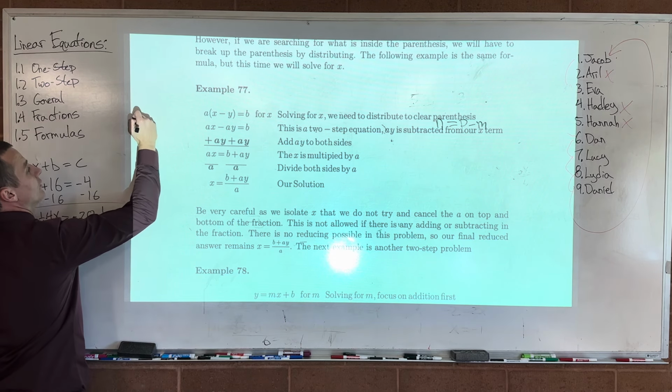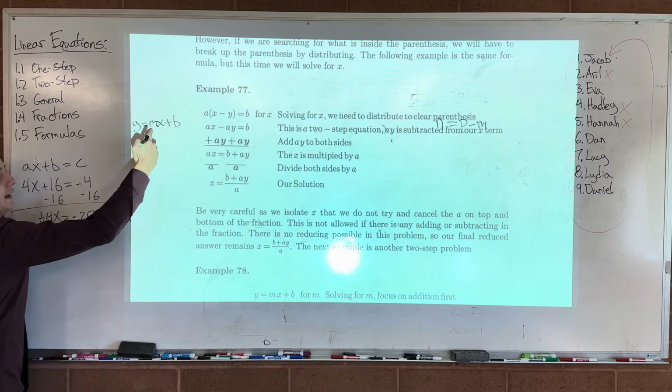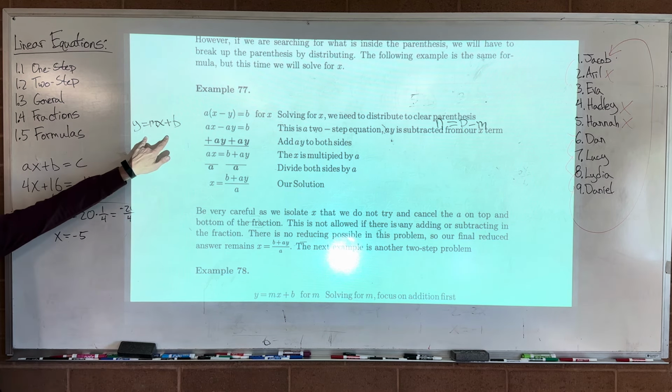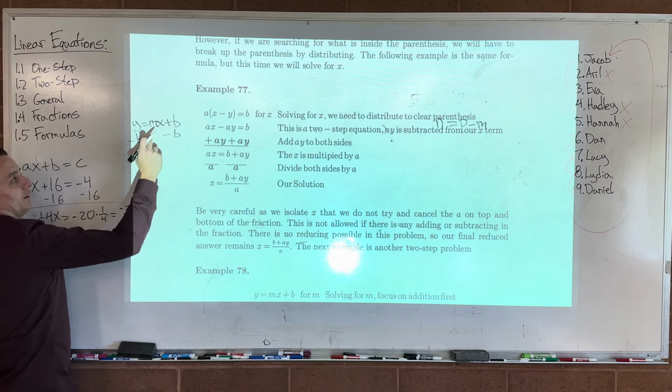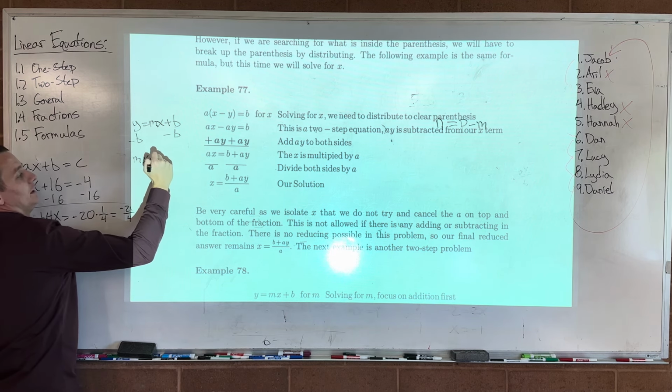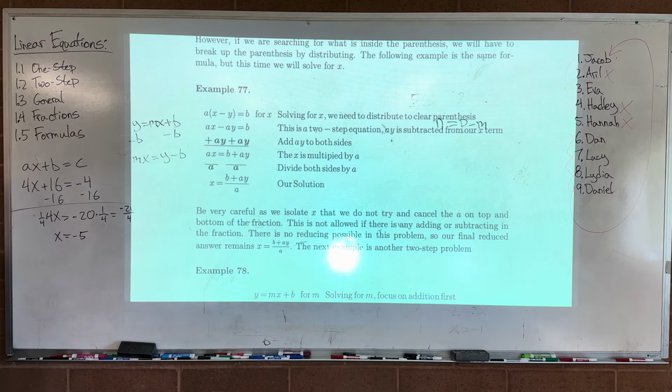So I know y equals mx plus b. Trying to get m by itself. So minus b on both sides, and I'm left with mx is equal to y minus b. Now what do we do? Divide by x.